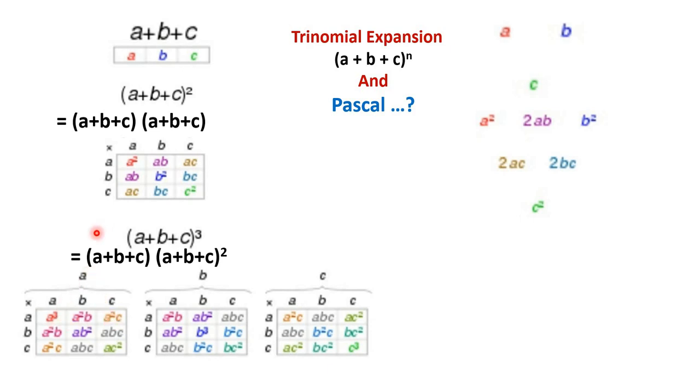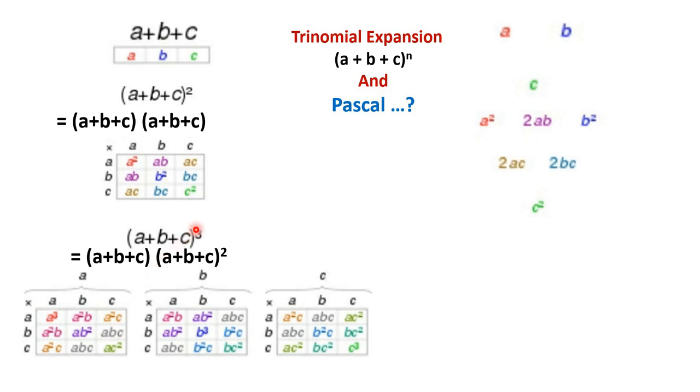And then B, so AB, this A acting on AB gives you A square B, then AB square and ABC, and so on. So this is one third of the job.